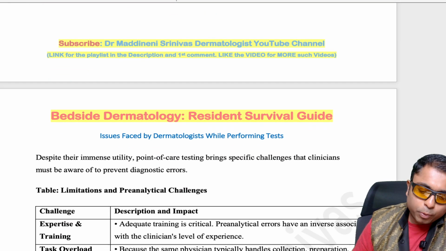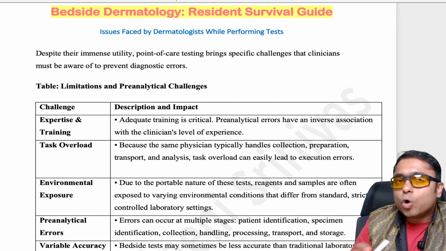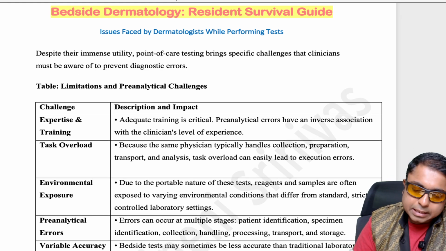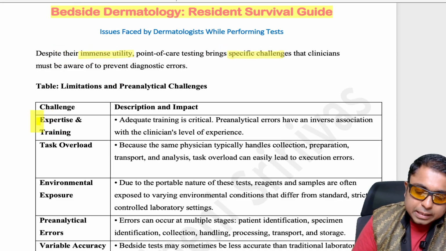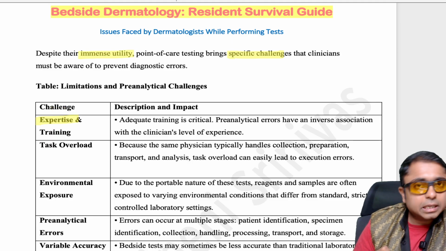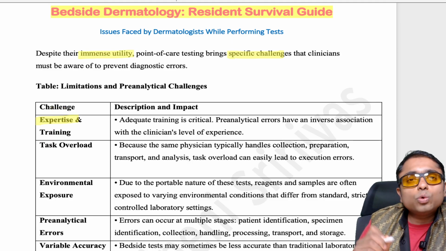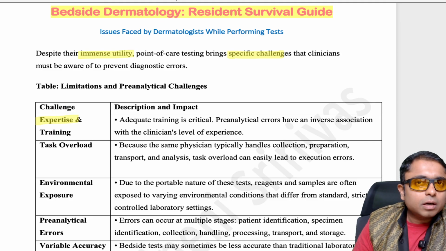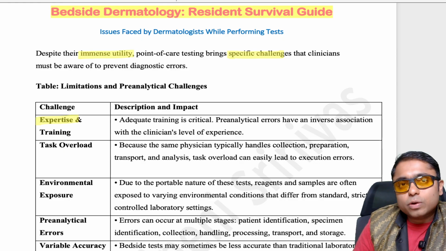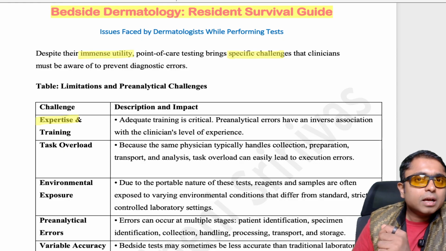So these are all the pros, but there are some cons also. There are some disadvantages associated. Remember, despite the immense utility, point of care testing brings specific challenges. For example, it definitely requires expertise and training. You need to have this expertise. Try and you are going to achieve perfection.